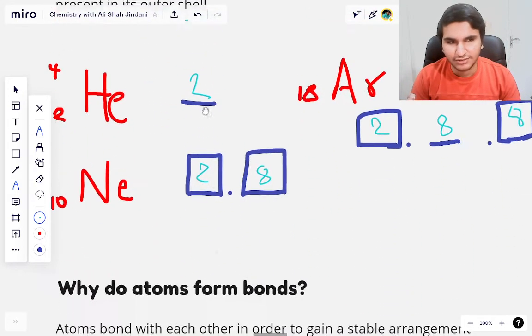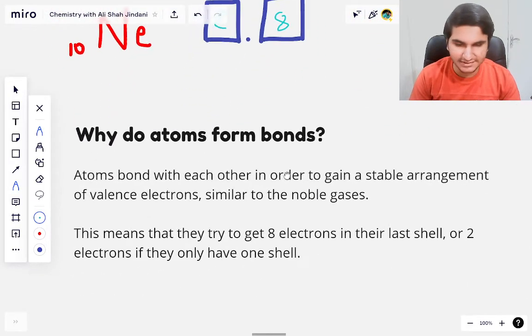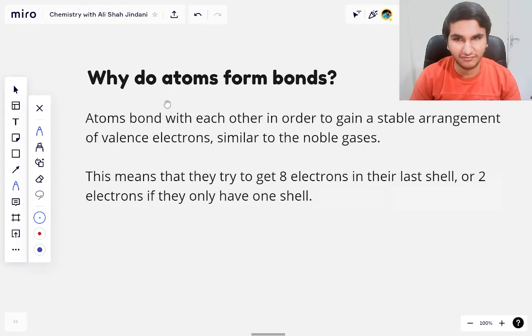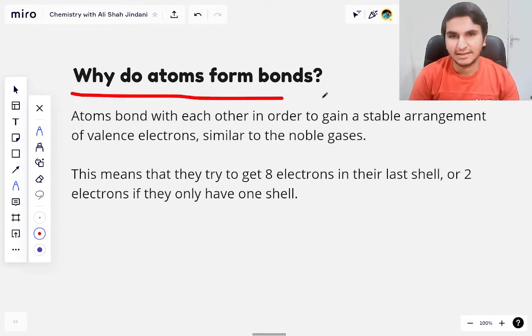Now we are going to talk about why atoms form bonds, because that is the very natural question that comes to our mind: why is there a need to form bonds when you can go without bonds, right? So why are atoms forming bonds?